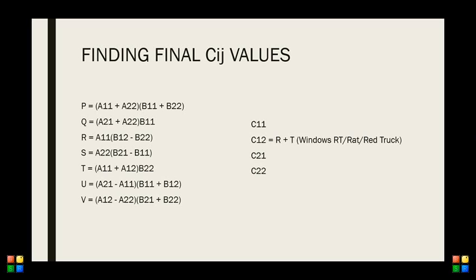Now I will consider C21, and what I will do is I'll take one letter that comes before R, that is Q, P Q R S T, and one letter that comes before T, that is S. So I will take it like this: Q plus S, and now I have C11 and C22 with me, which I have to solve.